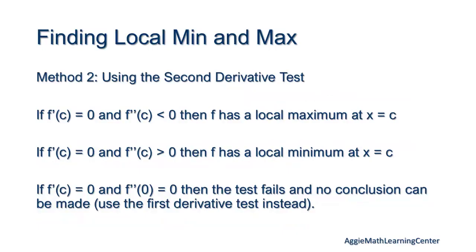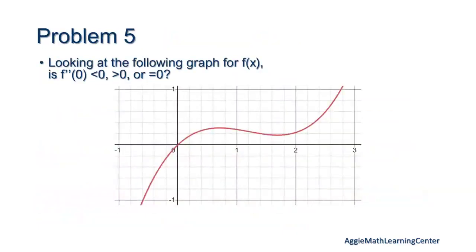Positive, negative. Okay. So, looking at the graph, is f double prime of 0 less than 0? Is it negative, positive, or equal to 0? So right here, at this point, is that concave up or concave down? Down, right?